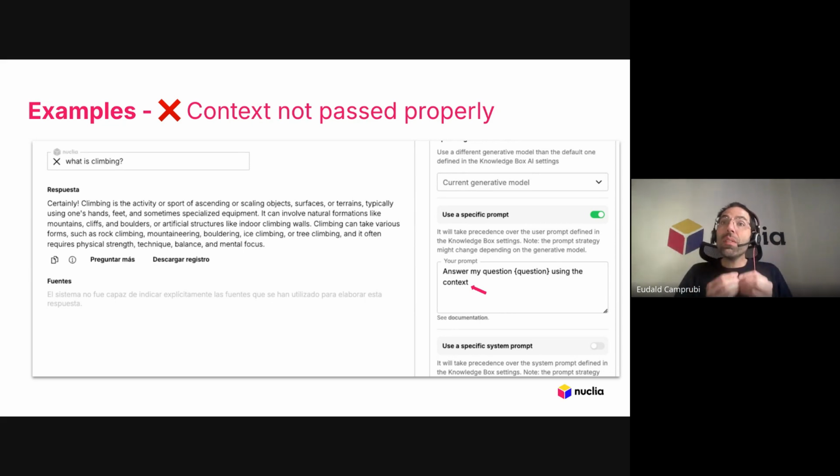So it's very, very important, as Carmen covered before, to define very well what is the question and what is the context. The way to explain to the LLM what the question is and what the context is, is by defining them under brackets. This is a very usual mistake. Every single time you write a prompt, you have to define the question and the context under brackets.